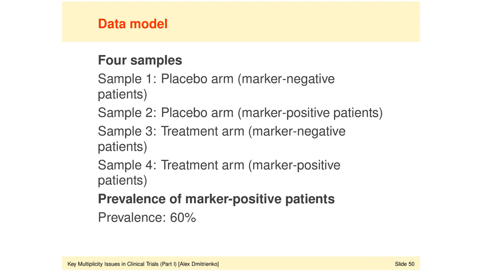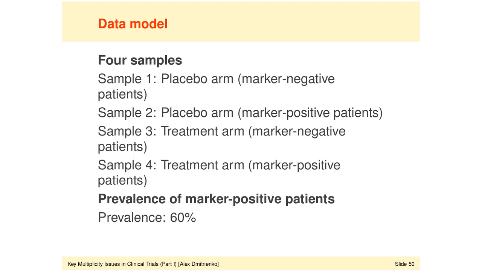We're going to begin with the data model specifications, and this slide defines the 4 samples included in this model. The concept of samples in the data model was defined earlier. We use it in example 4. Samples are non-overlapping, homogeneous groups of patients in a clinical trial. In this case study, the overall population of patients is naturally split into 4 samples that are defined on this slide.